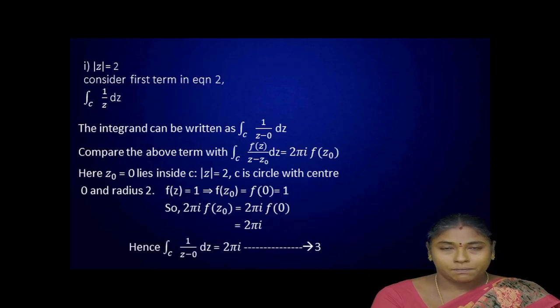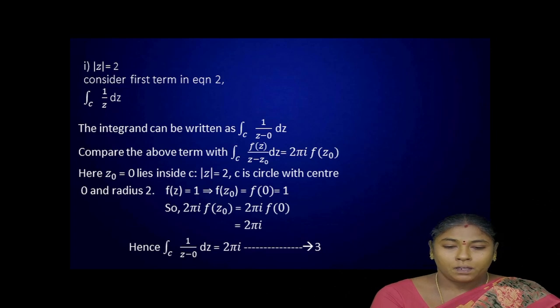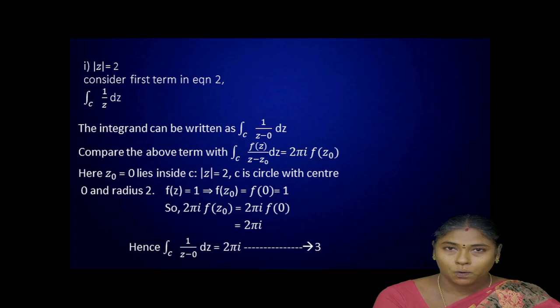Let us consider the first subdivision, mod z equal to 2. So mod z equal to 2 represents a circle with center 0 and radius 2. The first integrand is 1 by z dz. We must compare this with our Cauchy integral formula. Here f of z is equal to 1 and z naught is equal to 0.